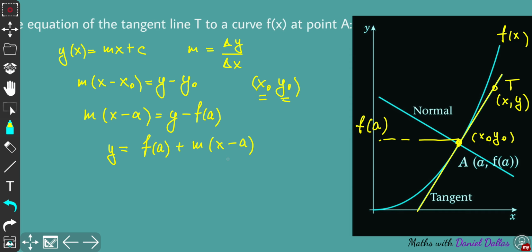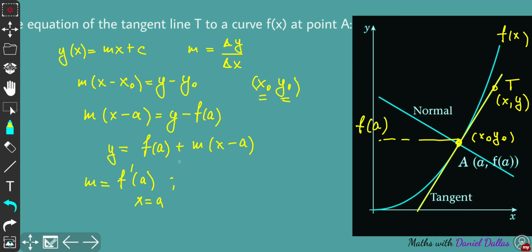However, the last question is about the gradient, how to work out m. You know that by definition the gradient at the given point A is simply the derivative f prime at the given point, at x equals a. So that's how the gradient looks like.